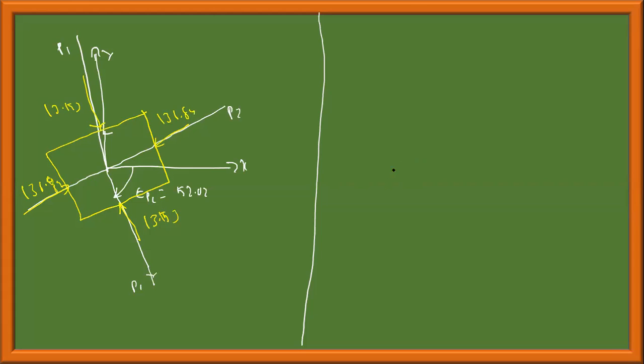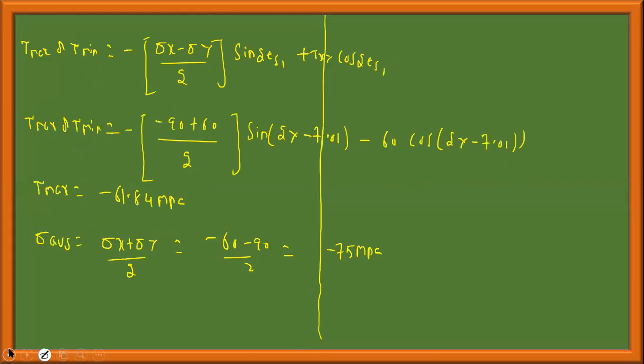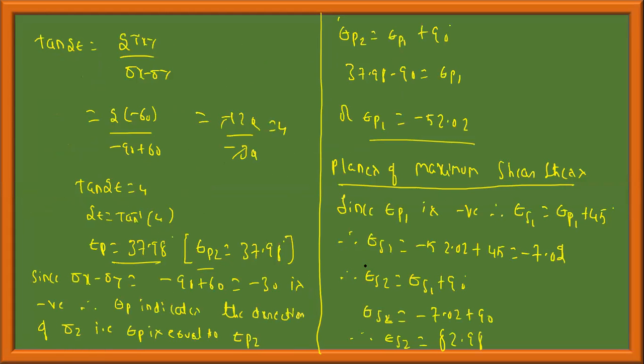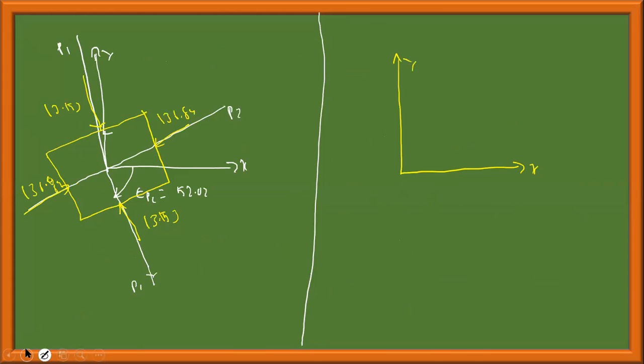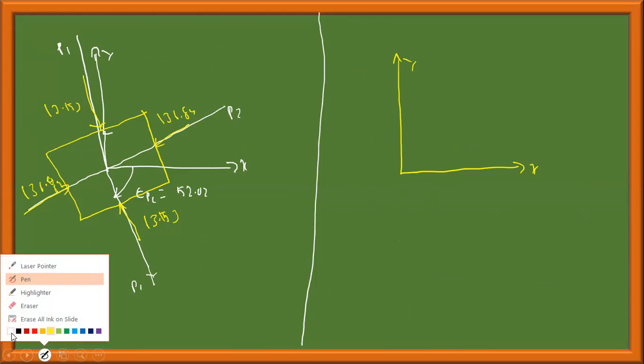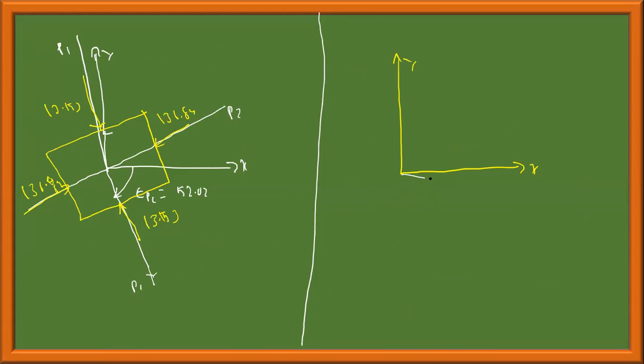Coming to the maximum shear planes, let me write x, y, theta s1 is at an angle of minus 7.02 degrees.